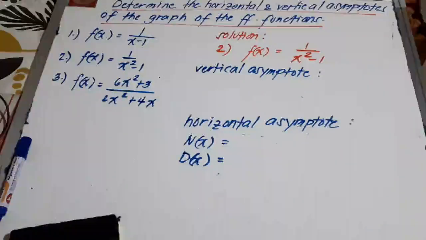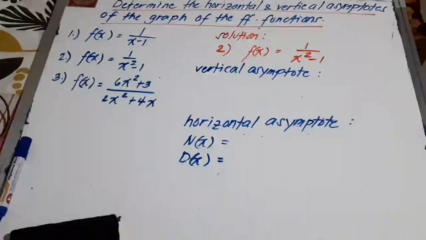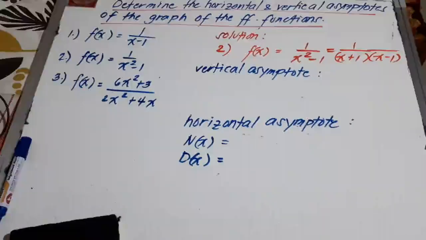For the vertical asymptotes, all we have to do is to get the factors of x squared minus 1. So the factors of x squared minus 1 are x plus 1 and x minus 1. Okay? So therefore, the vertical asymptotes, dalawa.